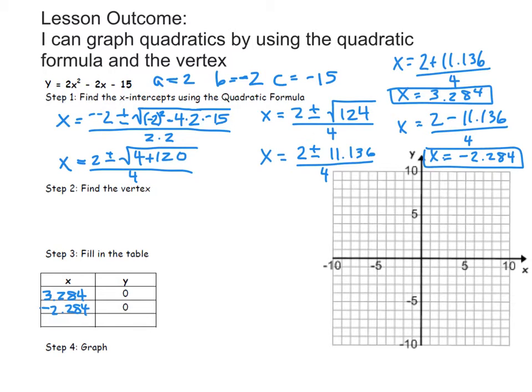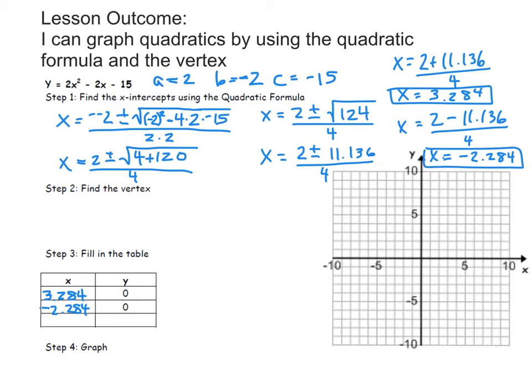Okay, so the second step in graphing this parabola is to now find the vertex. Let's go ahead and plot these x-intercepts on our graph over here. 3.284. All right, from the origin going on the x-axis, 3.284 would be right around in here. Okay, it's about 3 1/4, right?